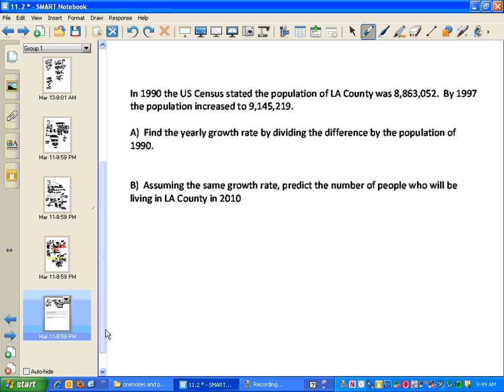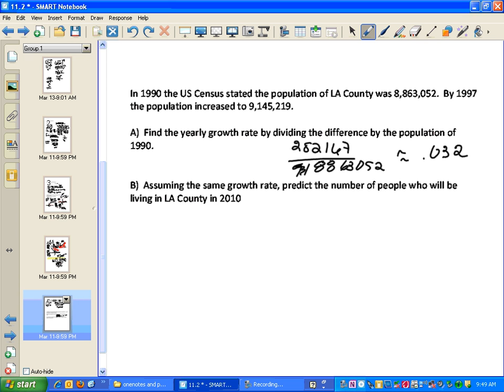So I got 282167. 282167 divided by 8863052, correct? And what is that? So we'll do 0.032. Let's carry it out a couple. All right. Now, this is a growth rate. This is my growth rate. Is that an increase or a decrease?